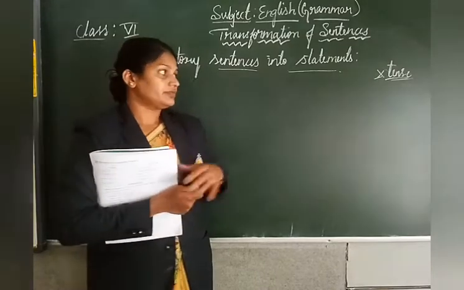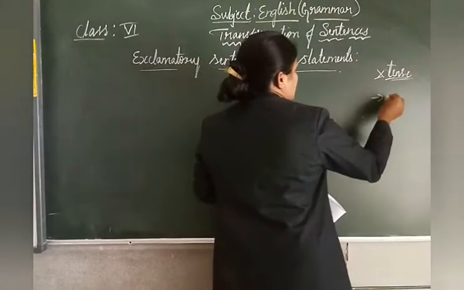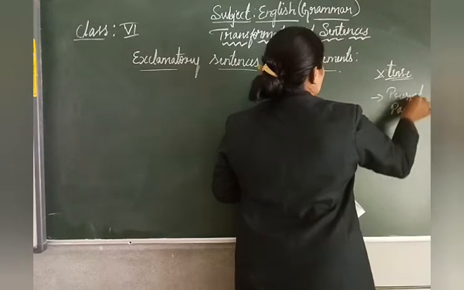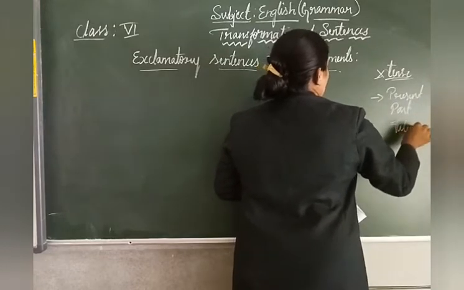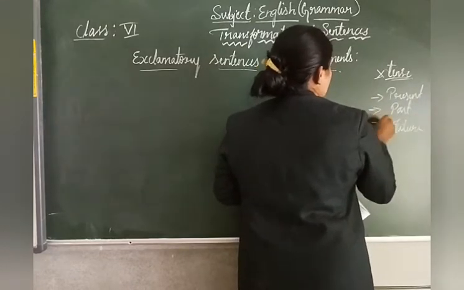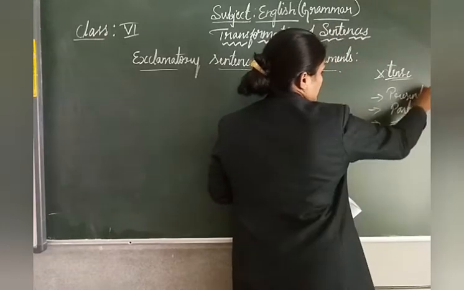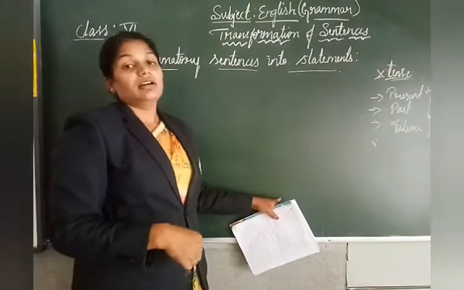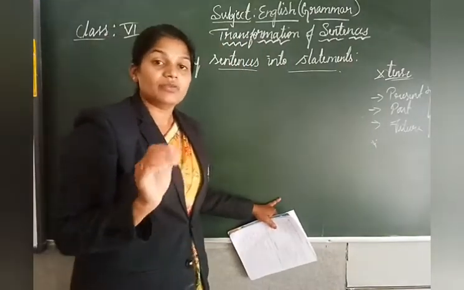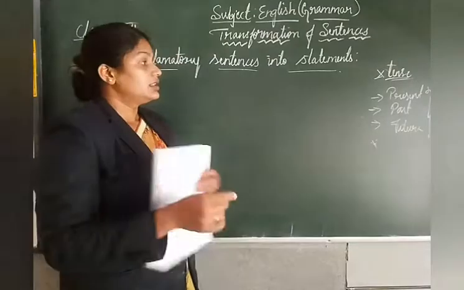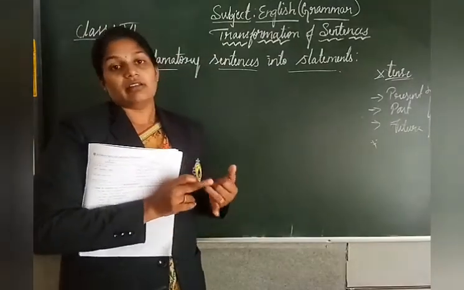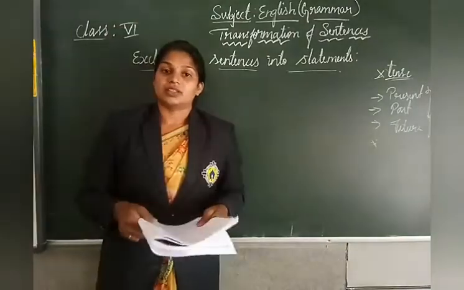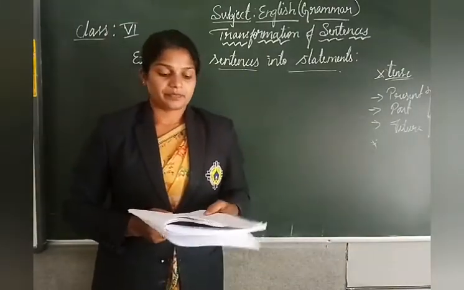So, in tense, we can see present, past and future. The first point is we should not change the tense, and if there is no verb in the exclamatory sentence, we have to keep the statement in the present tense or in the past tense. So let's see how to change the exclamatory to statement.